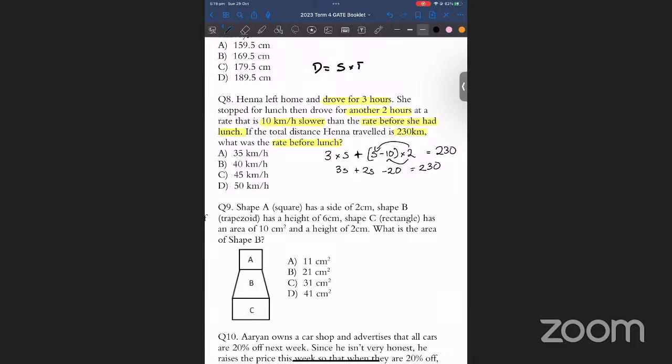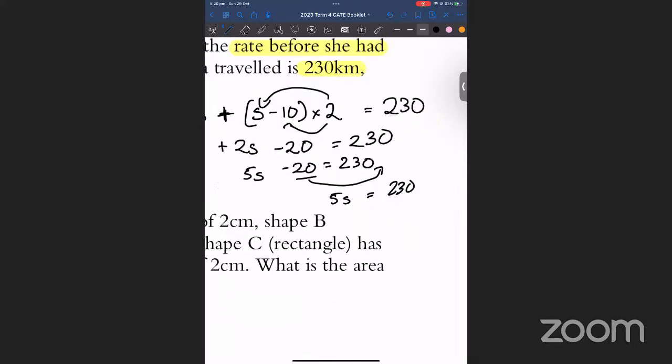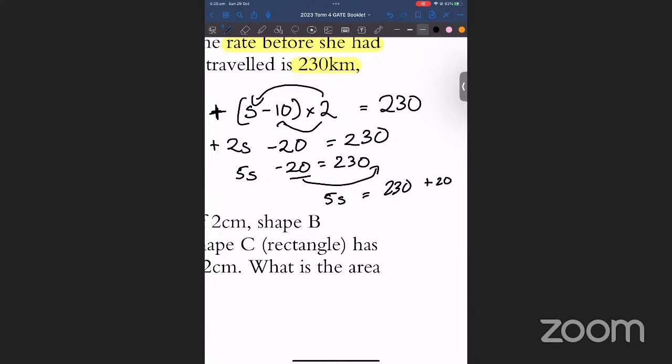So 3s plus 2s is 5s, and negative 20 is equal to 230. Bring the negative 20 to the other side, and you have 5s equal to 230 plus 20, so 5s is equal to 250.